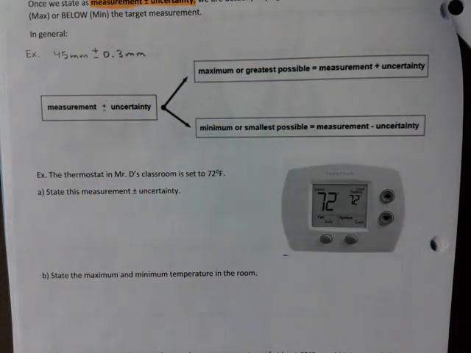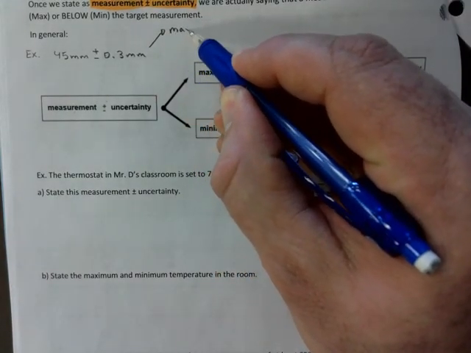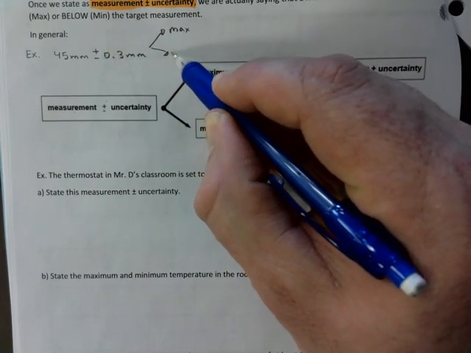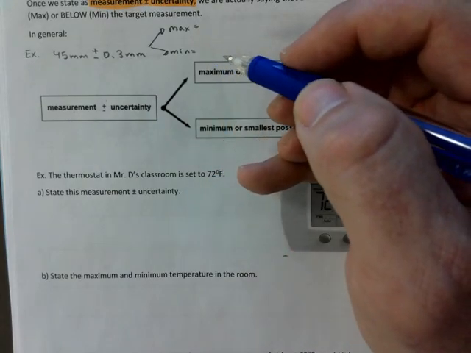You just see that, you're like, oh, that's a measurement with its uncertainty, all right? What would be the max? And what would be the min? What would be the greatest possible measurement? What would be the smallest possible?